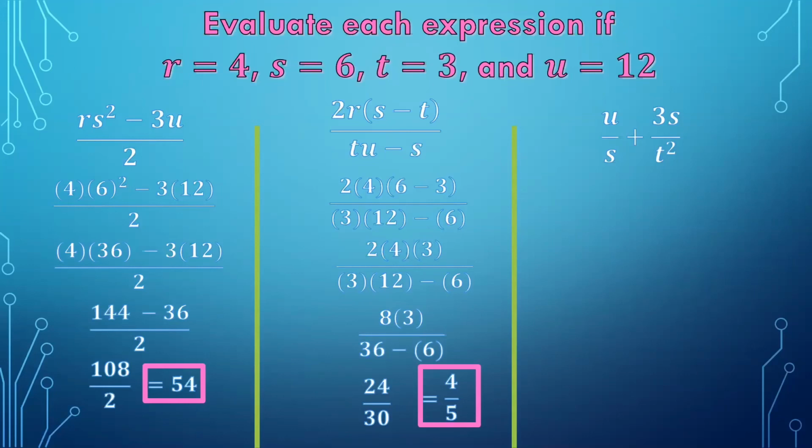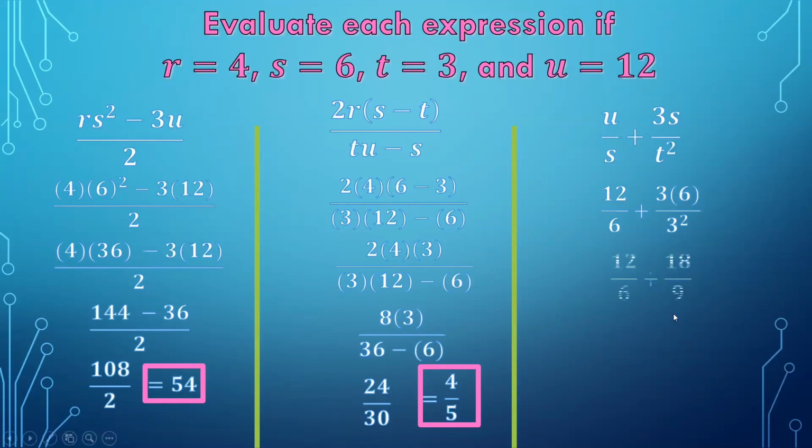Okay. I'm pretty sure some of you might have freaked out a little bit when you saw that there was a fraction and we were adding. Well, if you substituted in the values first and you did some work here, so you end up with 12 divided by 6 plus 3 times 6 over 3 squared.